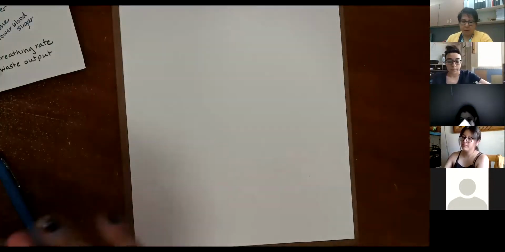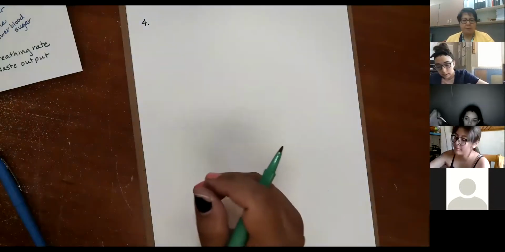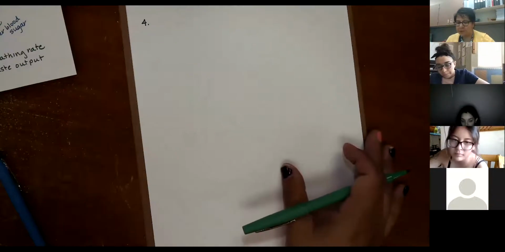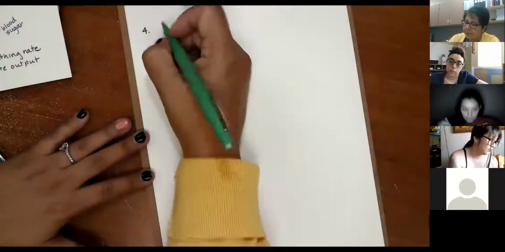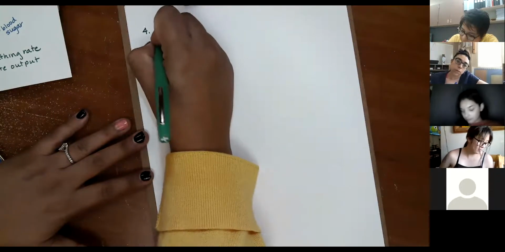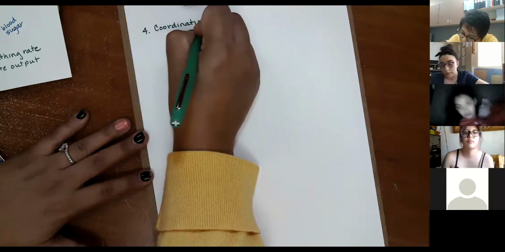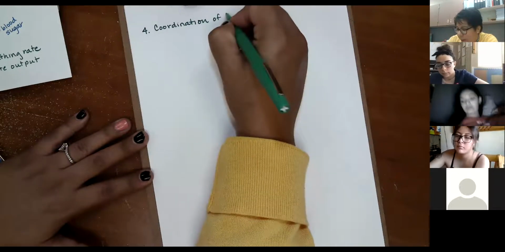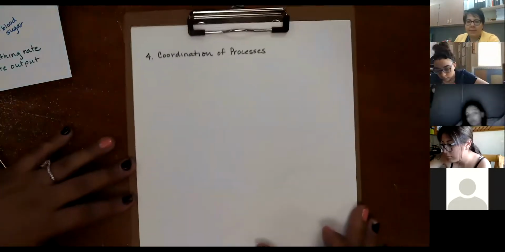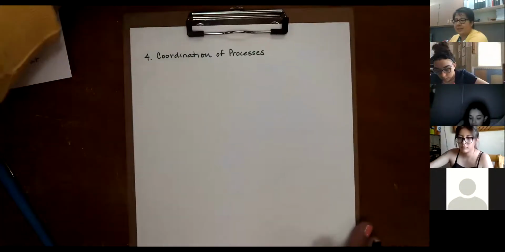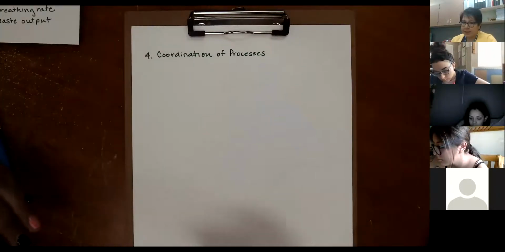So we're on number 4, right? So besides metabolism, besides homeostasis, there's another property of life that I alluded to a while ago when I said things have to happen at the right time, at the right place, or at the right pace. Things have to be coordinated.